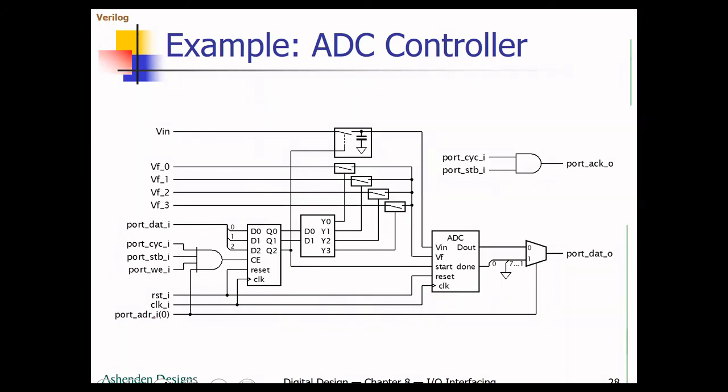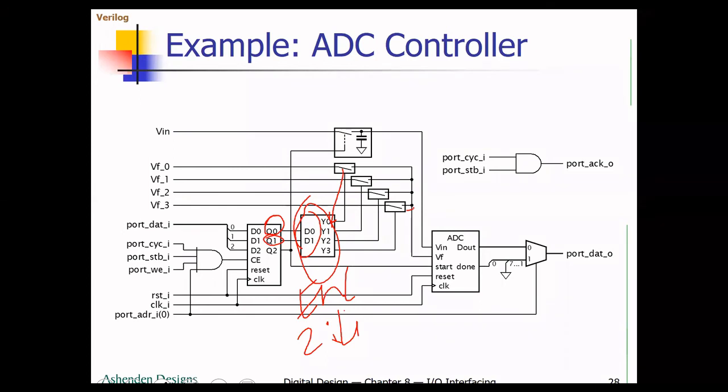Here D0 and D1 are used to select the reference voltage. This is your 2:4 encoder. Based on the Q0 and Q1 inputs, a particular reference voltage will be picked.